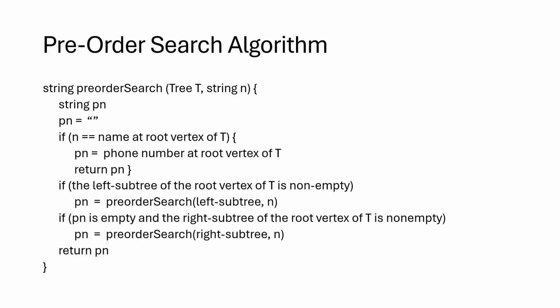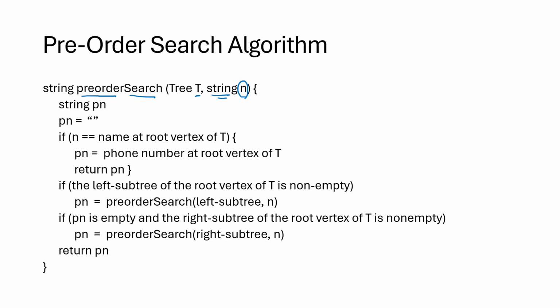And let's finish this video by looking at the algorithm that does exactly what I explained. So this is the pre-order version. It searches for the name n, which is a string, and the T is our actual binary tree that contains all the names and their phone numbers, right?